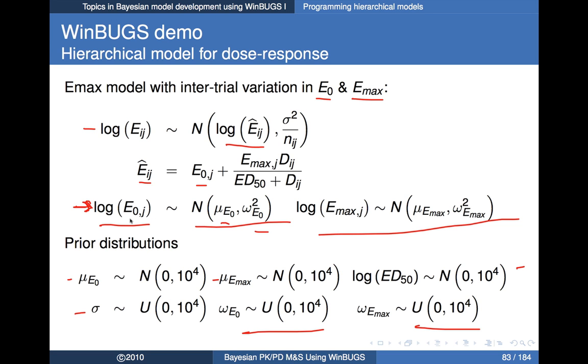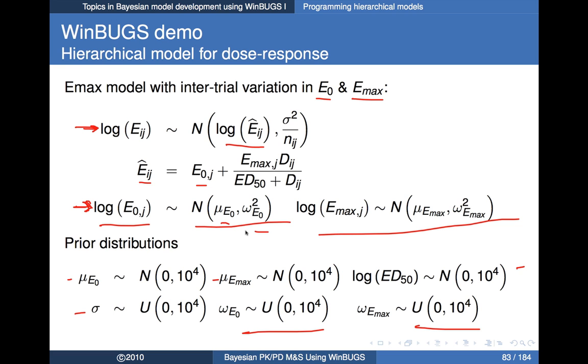So for the log E0j, you only generate one value for each trial, and for the Emax j, you generate one value for each trial. So we have to figure out how in BUGS we're going to do that once per trial, whereas the observations here are going over all the treatment arms and all the trials.